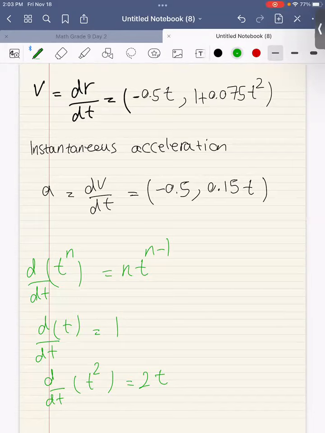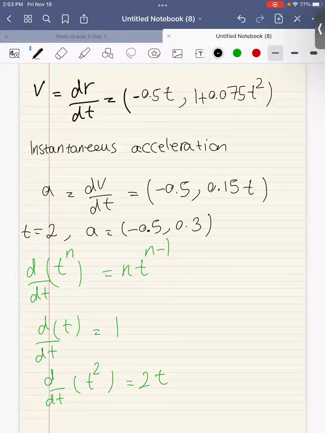Now we want to compute the acceleration at time t equal to 2. At time t equal to 2, A would be minus 0.5, and the second component is 0.3.